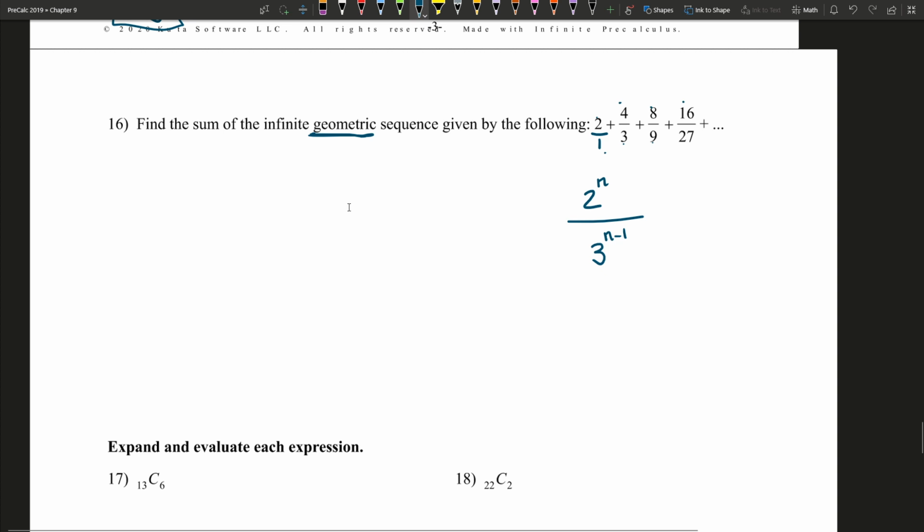And actually, I probably will give you that as geometric, because this, you wouldn't be able to type that into a calculator. All right. But given that it's geometric, we can find the common ratio. Okay, so we would take the ratio of two sequential terms.